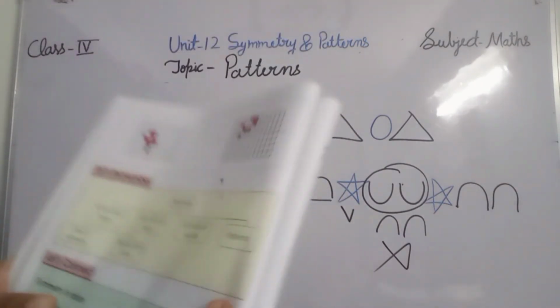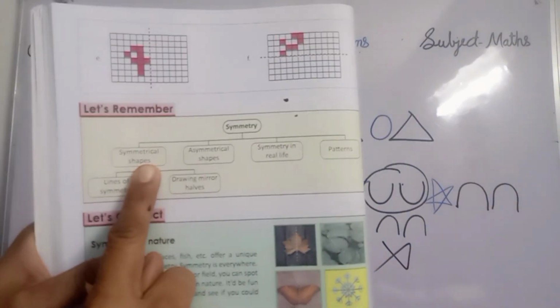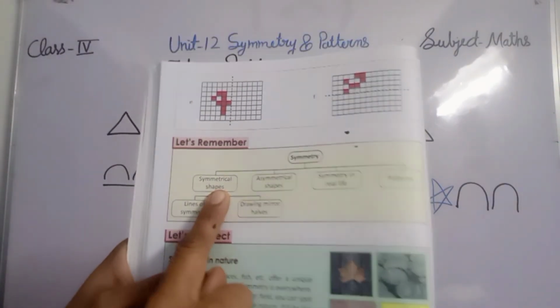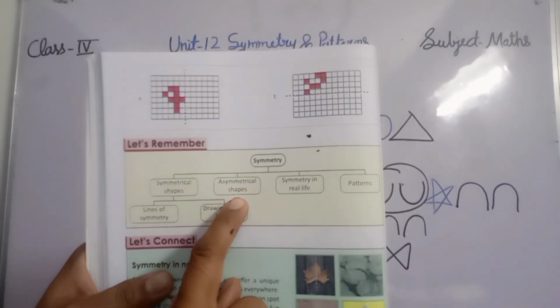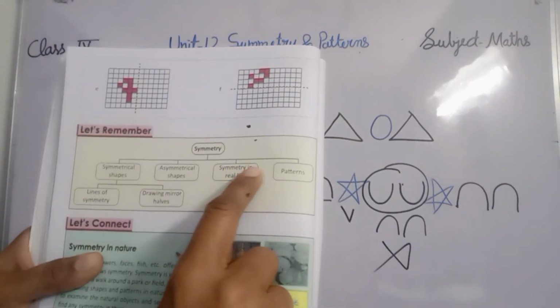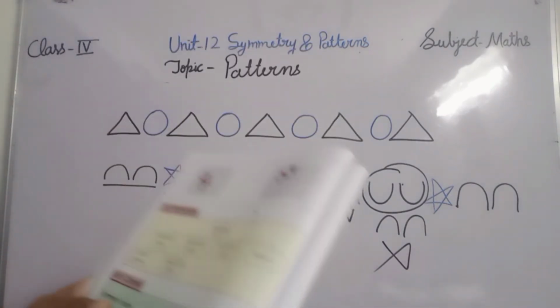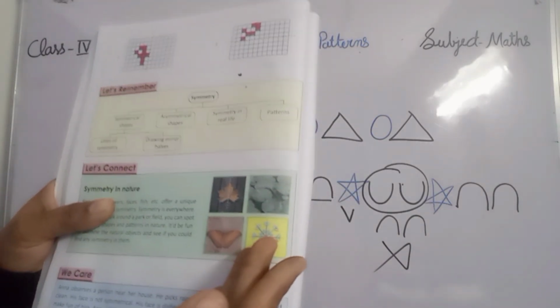So what we have read in this chapter, symmetrical shapes. The shapes which can divide into two equal parts are called symmetrical shapes. Asymmetrical shapes, if we divide the shape into two parts, both the parts are not equal. Symmetry in real life, like leaf we have, butterfly we have, snowflakes we have.